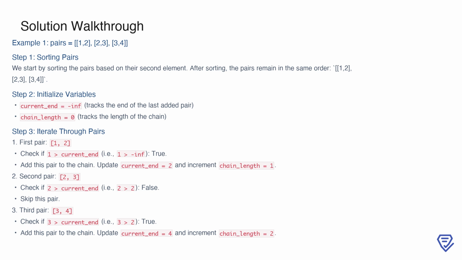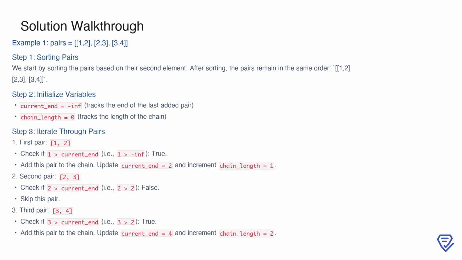Now, we iterate through the pairs. For the first pair, (1, 2), we check if the first element, 1, is greater than current_end, which is negative infinity. This condition is true, so we add the pair to the chain, update current_end to 2, and increment chain_length to 1. For the second pair, (2, 3), we check if 2 is greater than current_end, which is now 2.